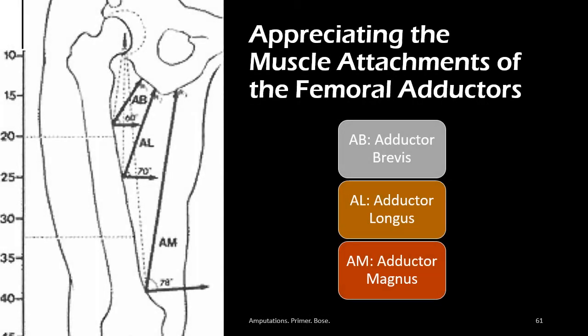This image illustrates the femoral muscle attachments of the adductors. It is obvious that any level of amputation above a knee disarticulation will lose the biggest adductor of them all, the adductor magnus. This alone will give an advantage to the abductors to pull the stump out in abduction.